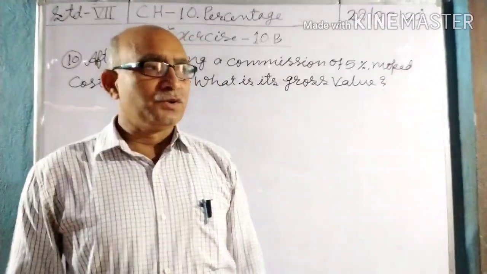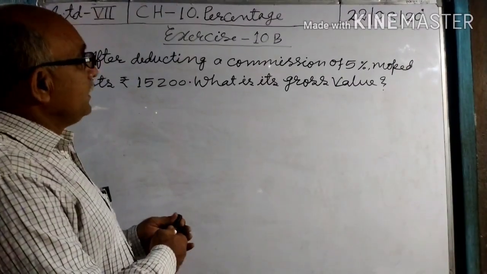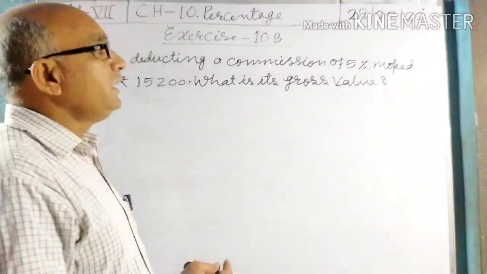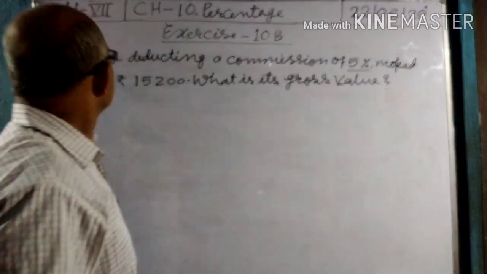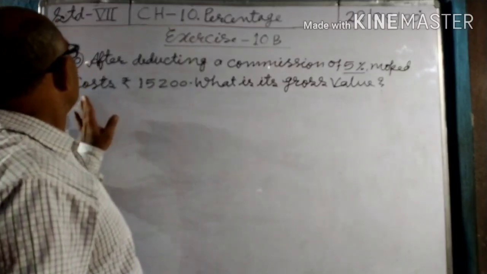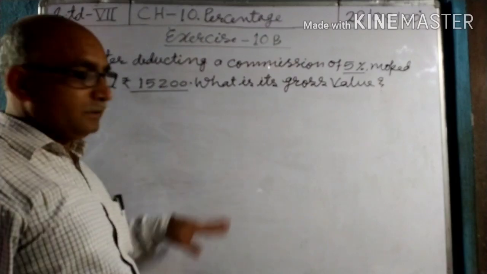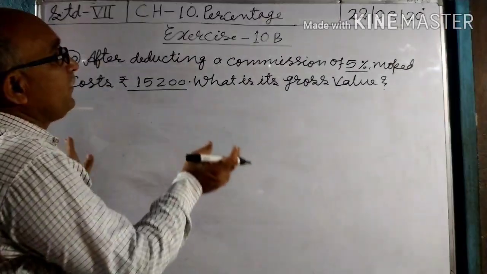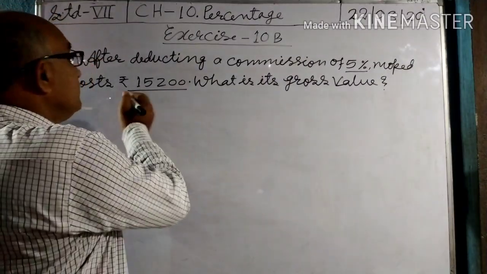Students, next question is question number 10. After deducting a commission of 5%, amount cost rupees 15,200. What is its gross value? So here we have to find the gross value of amount.